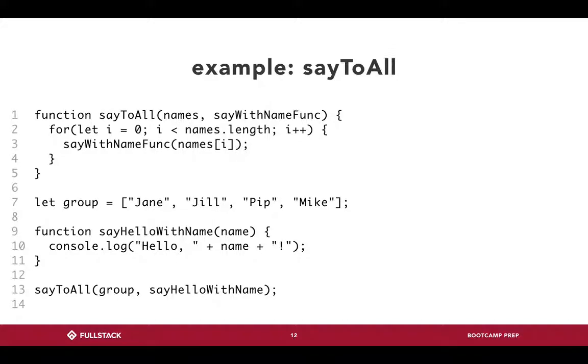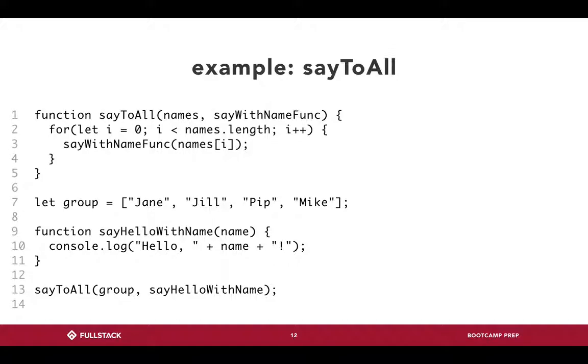So now, good thing we built this function, it takes in a list and it takes in a function. So when we call say to all right now, what will be the value of names? Names is what? It's a reference to this array, right? Because a group is a reference, so the reference comes in here.